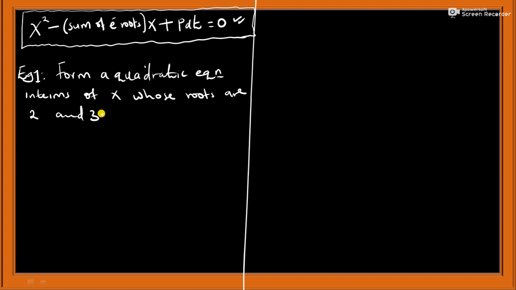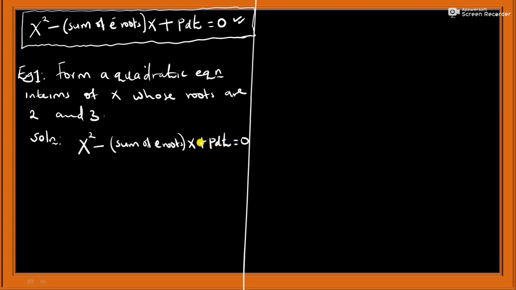They are saying that we form the quadratic equation whose roots are 2 and 3 in terms of x. So in our solution, if we want a quadratic equation whose roots are given, then it must be of the form x squared minus the sum of the roots x plus the product of the roots equals 0.